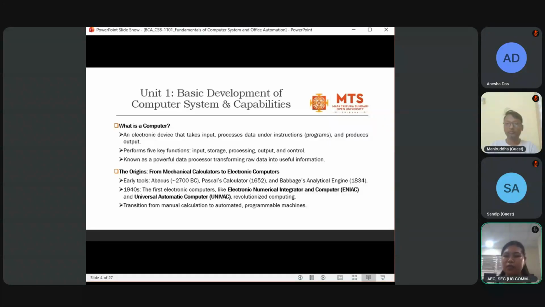It is an electronic device that takes input, processes, and under instruction, produces an output. That's all we know. Since we have this laptop, you are taking the class through the laptop. Some of you might be using a mobile phone to attend this class. Okay, so the origin we will understand.